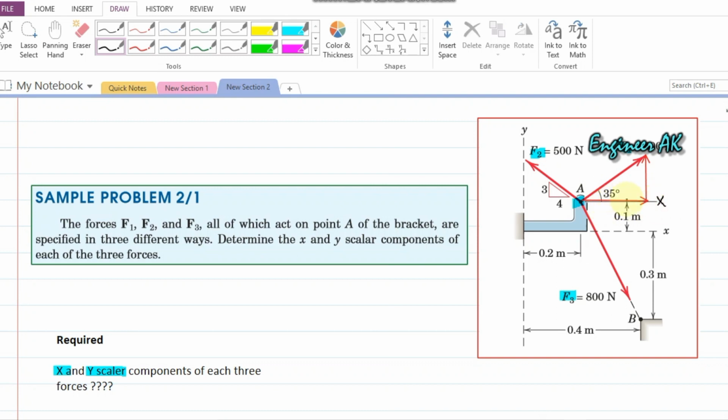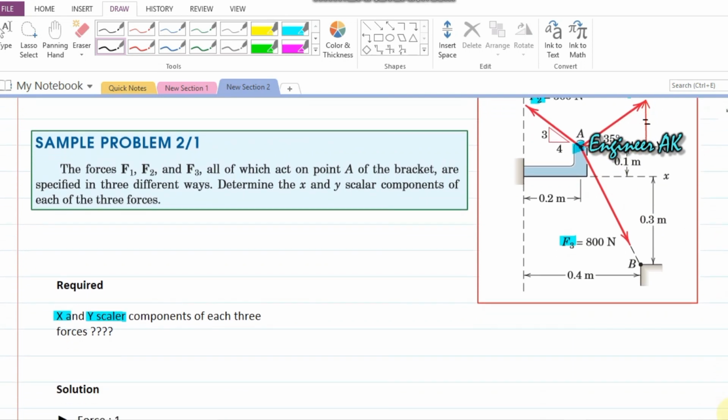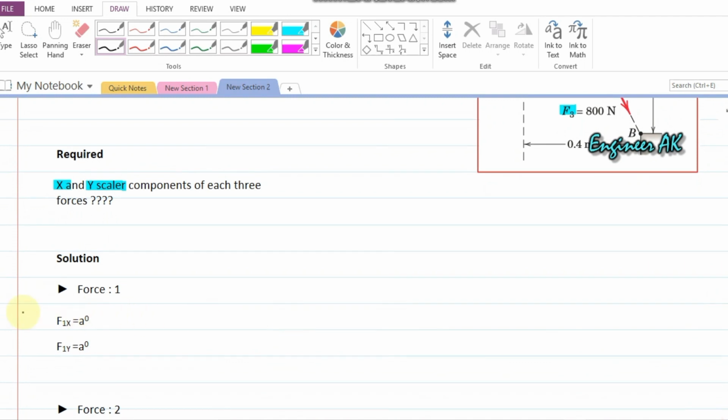So I will take this as the x component, and this will be my y component, because this is in the y direction. I will put the x here, like I have mentioned for the force F1.